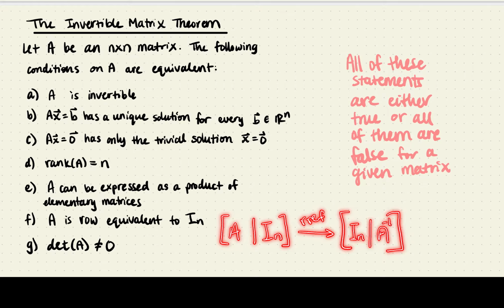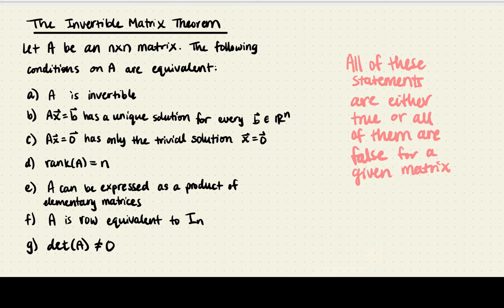Now, getting the identity on the left here came exactly from the matrix A being row equivalent to the identity, meaning that we could do row operations on A and get the identity out of that. If we couldn't do that, if we did not get the identity on the left-hand side here, we would not have an inverse of A. So that's how those are related.